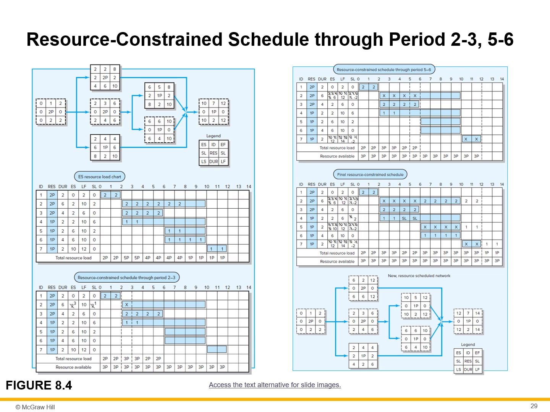The resource available line at the bottom shows how many resources are available at each period. The diagram illustrates how a project schedule changes when resource availability is considered. Some tasks that could theoretically be done sooner, as shown in the network diagram, are delayed because there aren't enough resources to handle them all at once.